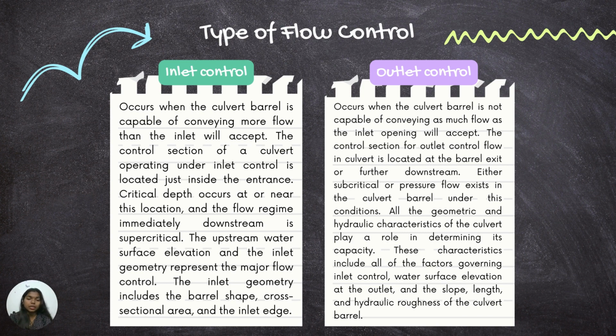Either supercritical or pressure flow exists in the culvert barrel under this condition. All the geometric and hydraulic characteristics of the culvert play a role in determining its capacity. These characteristics include all of the factors governing inlet control, water surface elevation at the outlet, the slope, the length, and the hydraulic roughness of the culvert barrel itself.